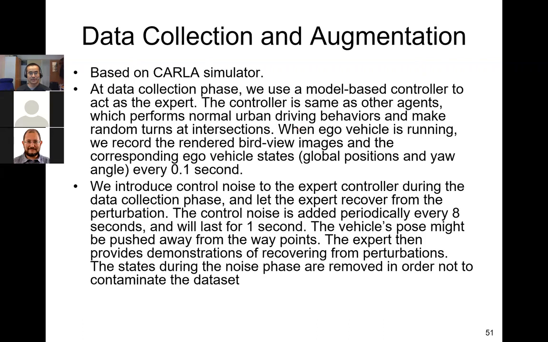While the ego vehicle is running, we record the rendered bird eye view images and the corresponding ego vehicle states. That's global positions and yaw angle, which is the heading, every 0.1 second. The model-based controller, they didn't say exactly what that is. I think it's the traditional planner.